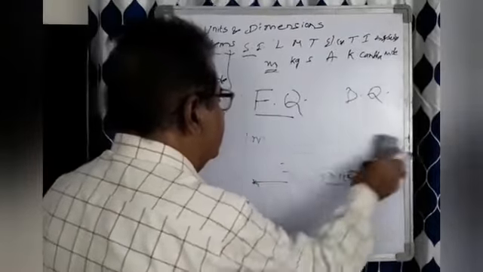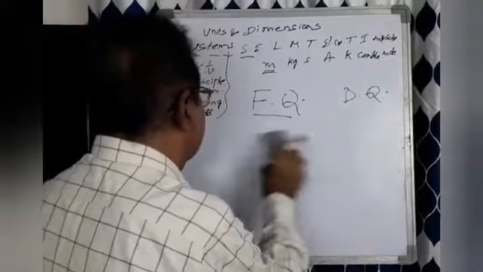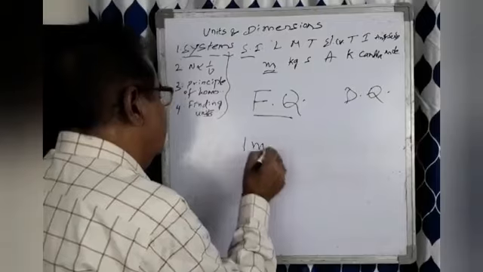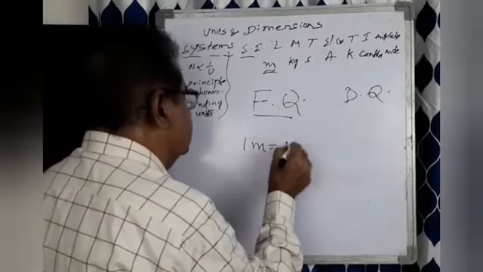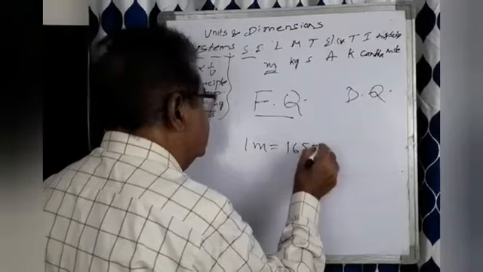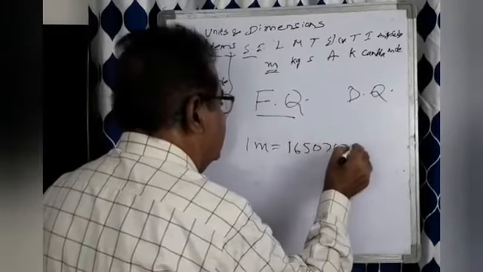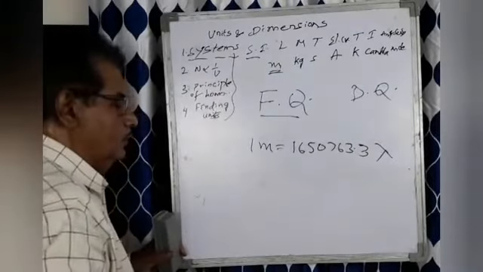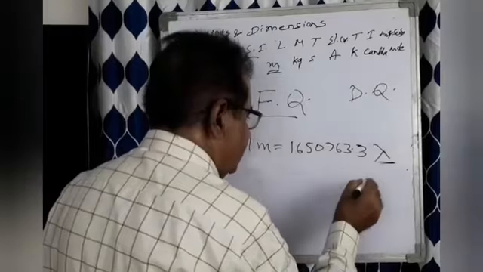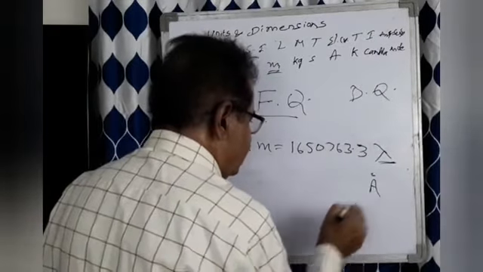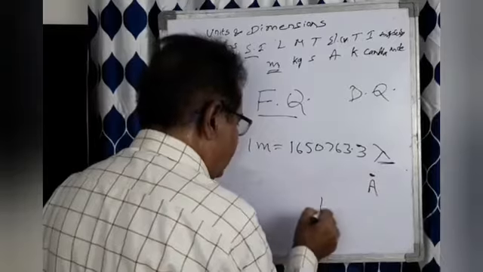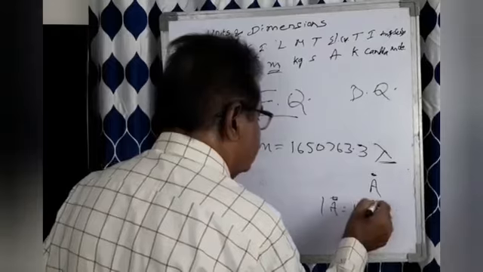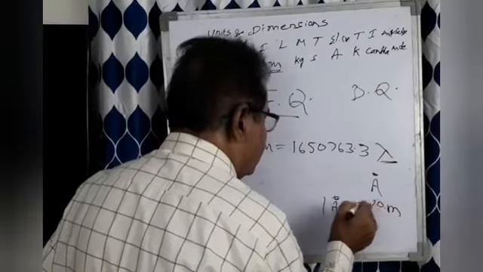Similarly, other definitions are given very accurately. They gave one more definition for meter in the SI system: 1650763.3 times the wavelength of orange light in vacuum, because wavelengths are expressed in angstrom units. 1 angstrom is a very small unit, 1 angstrom is equal to 10 power minus 10 meter.